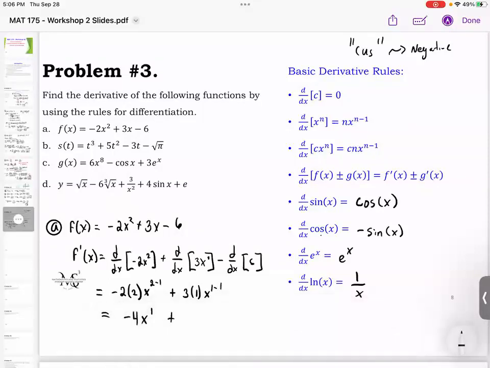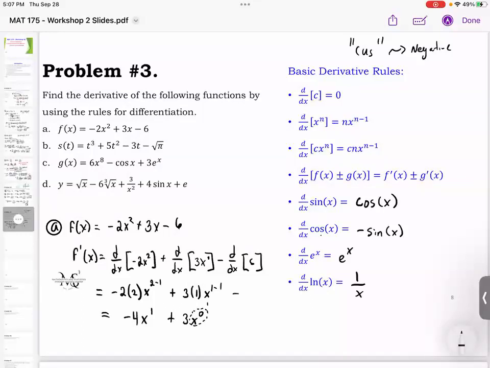What's 3 times 1? 3. Now we have x raised to the power of 1 minus 1, but what's 1 minus 1? 0. Anybody know what x to the 0 is going to be? 1. If x to the 0 is 1, then you have 3 times 1, which is 3, okay?